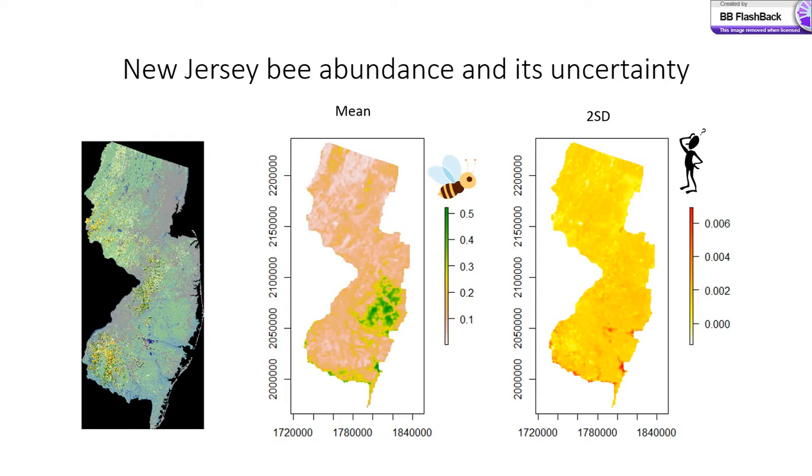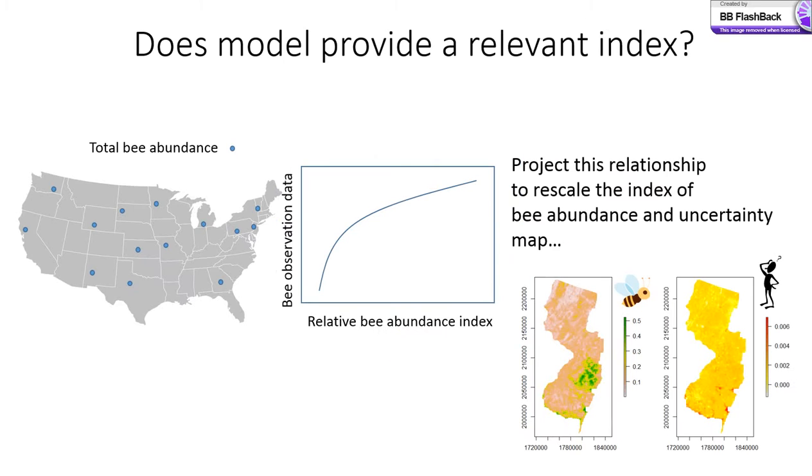And we can project this relationship to the whole state. Then you can see this is a source area, and you also find several hotspots that indicate high uncertainty areas. And we would like to validate our model index using the bee observation dataset.